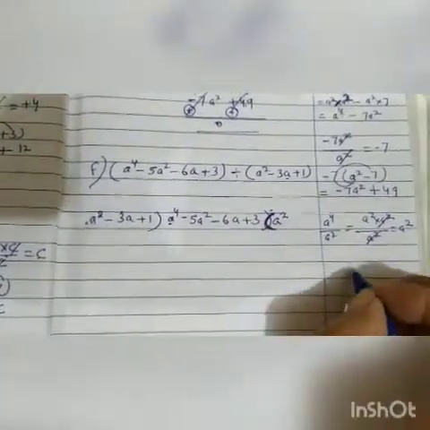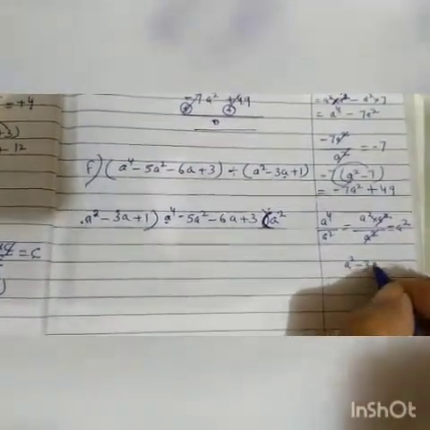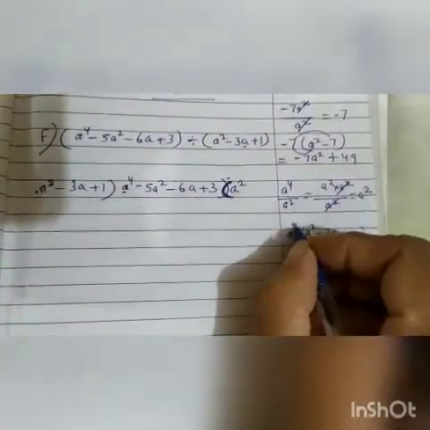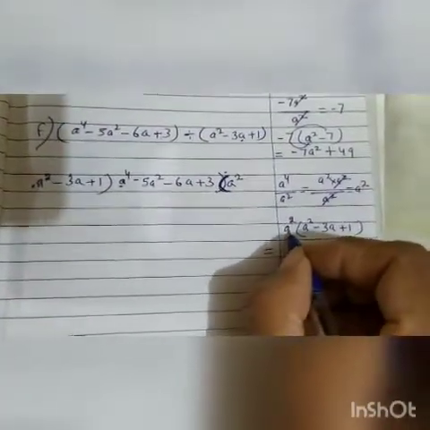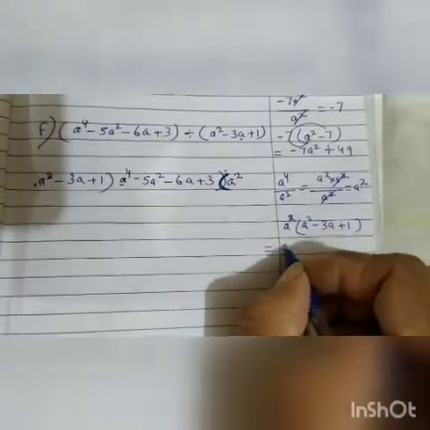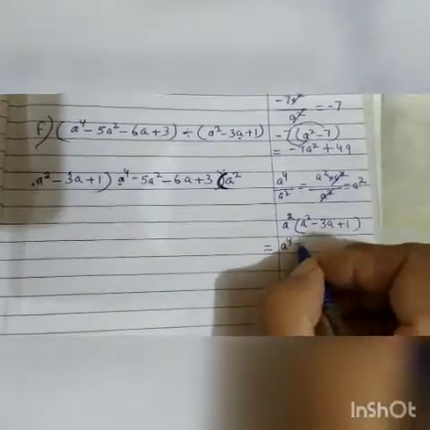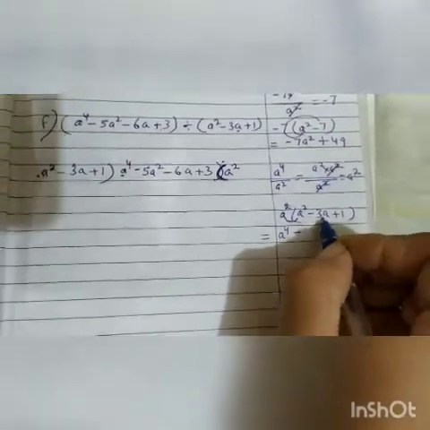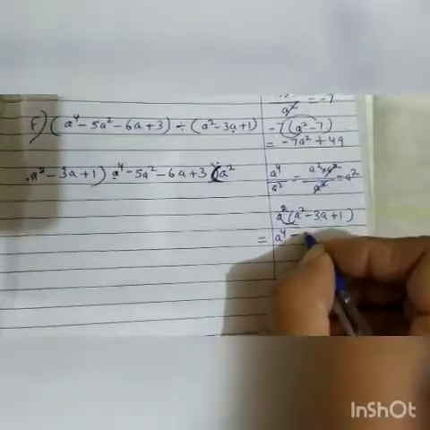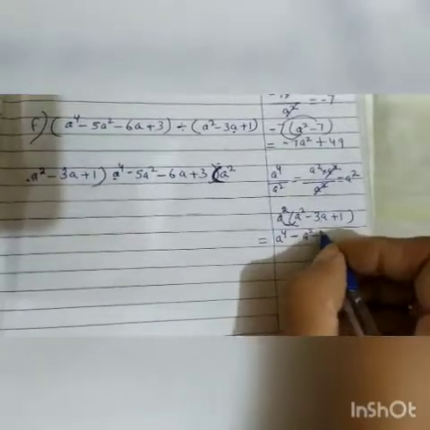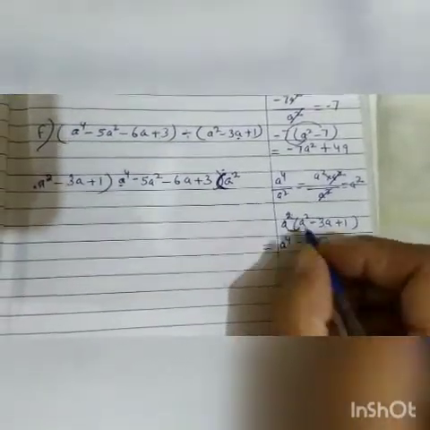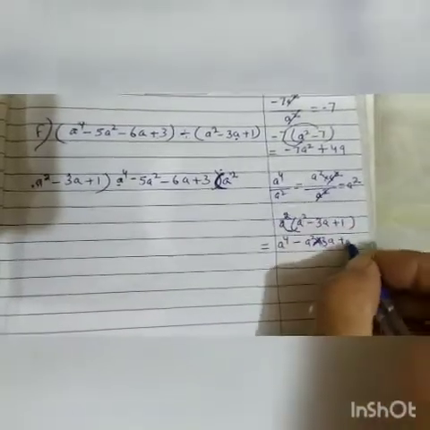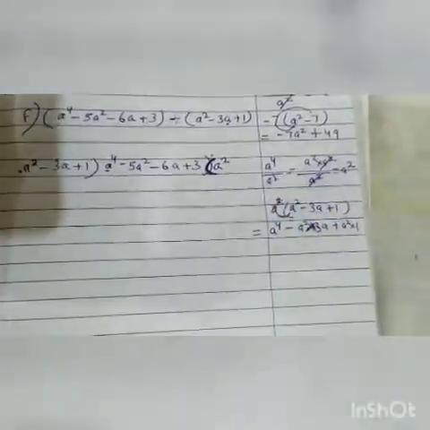Now this a square minus 3a plus 1 multiplied by this a square. So this a square multiplied by a square will be a power 4, minus a square multiplied by 3a, plus a square multiplied by 1.